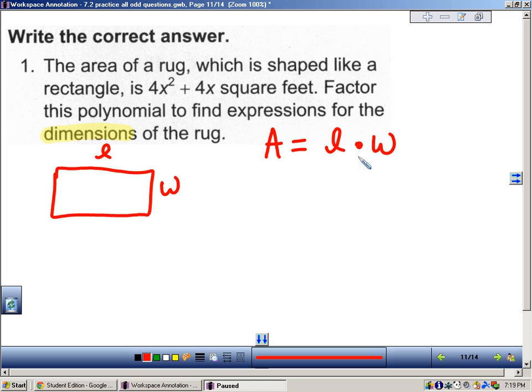Right? And so now we're being told that 4x squared plus 4x is, in fact, the area of this rug. So we'll substitute the area here for the letter A. And we're asked to factor that.